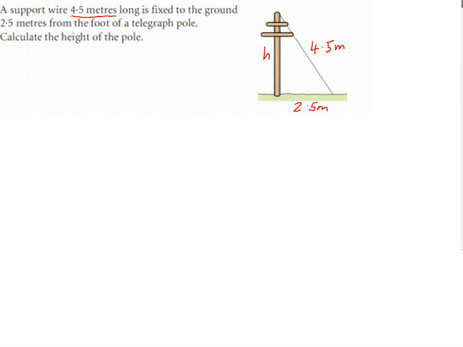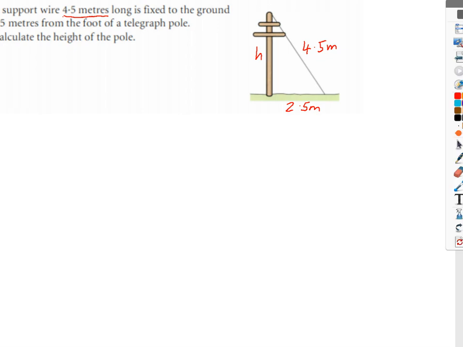Now, when you get a diagram, if it's beginning to look like it's a bit confusing, what you can do is you can pull out the triangle. So there's nothing wrong with just having a little sketch and drawing a little triangle. That's particularly useful if the triangle is on its side or looks like it's upside down.